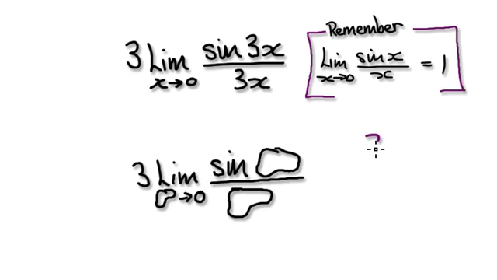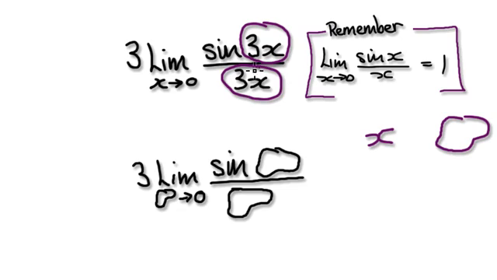For example, let's look at x here, and let's look at the bubble here. Let's say your starting point is 8. What's inside the bubble will be 3 times 8, which is 24.